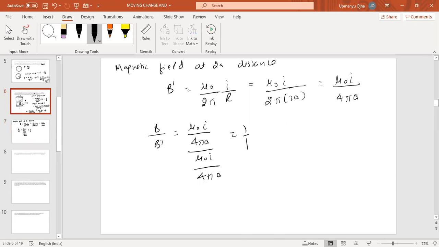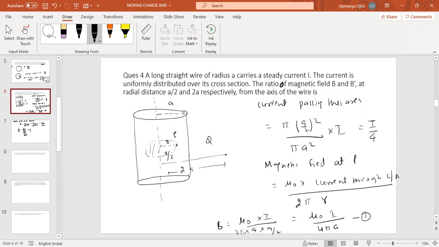So this question is not very difficult. You have to find the current flowing through the cross section area of A by 2, which will come as I by 4. Then we find the magnetic field at point P, which is mu naught into current through this section divided by 2 pi r, where r is the distance from the axis.